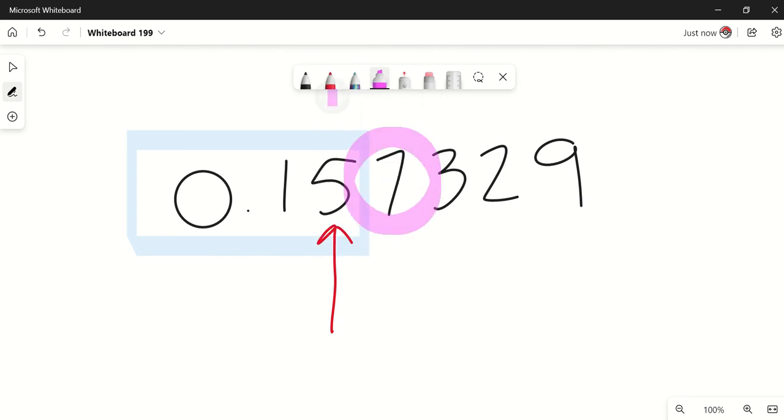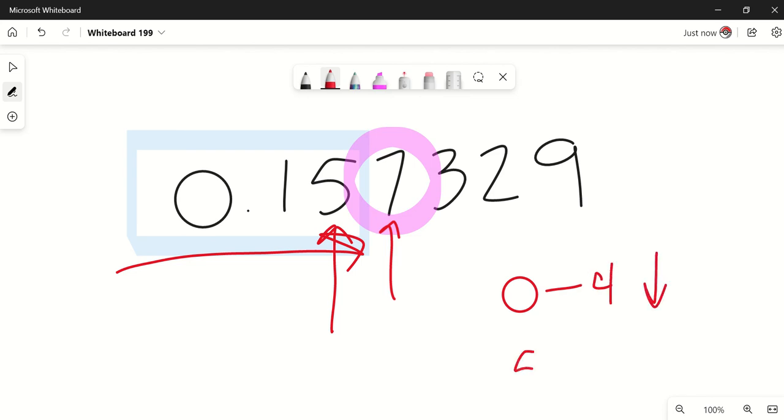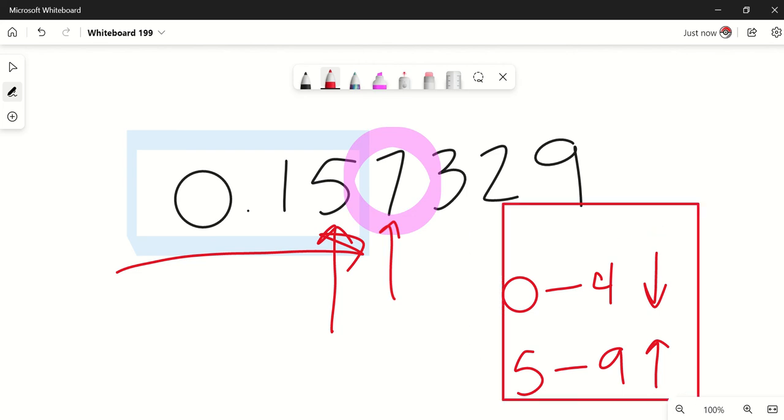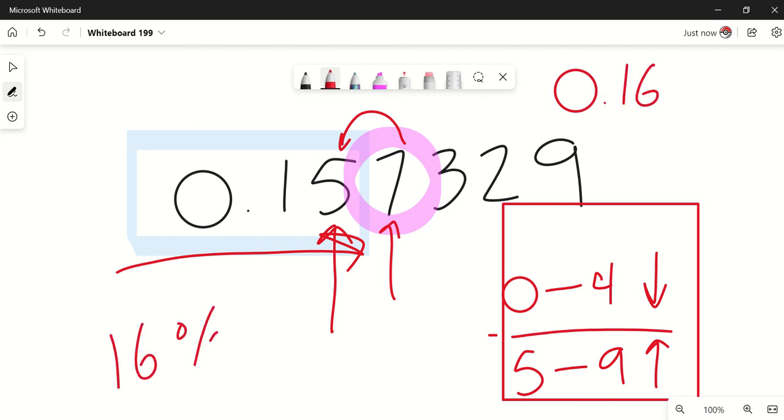Now, this as is 0.15, which means it's 15%, but this 7 will tell me if I round up or down. Again, if it's 0 through 4, we round down. If it's 5 through 9, we round up. If we're not familiar with rounding, this definitely should be in your notes. This 7 tells me I need to round this 5 up to 6, which will become 0.16, 16 hundredths, or 16%.